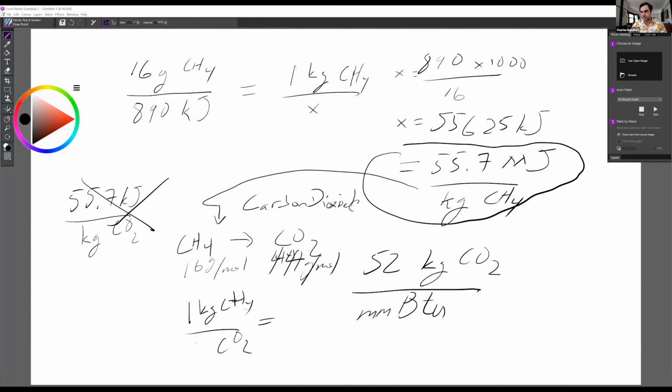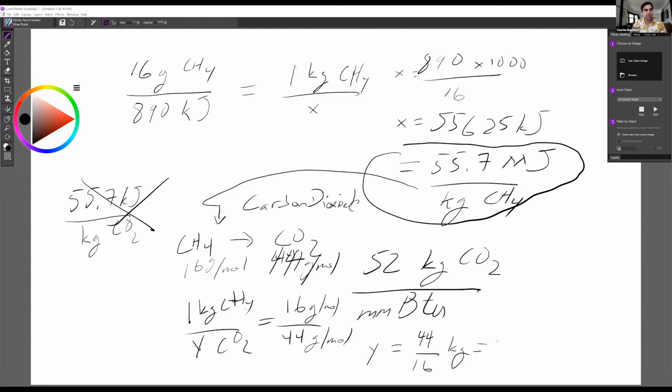We'll call this y to get a new variable. Set up a ratio and proportion: y would equal 16 grams per mole over 44 grams per mole. So y will equal 44 divided by 16 kilograms. 2.75.